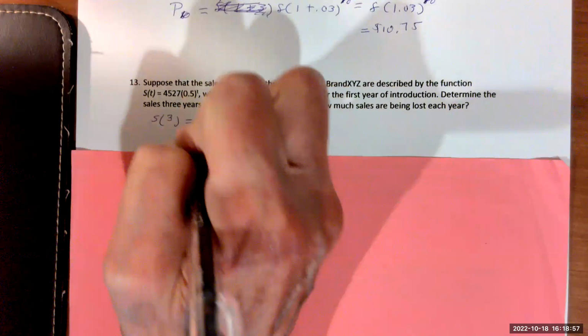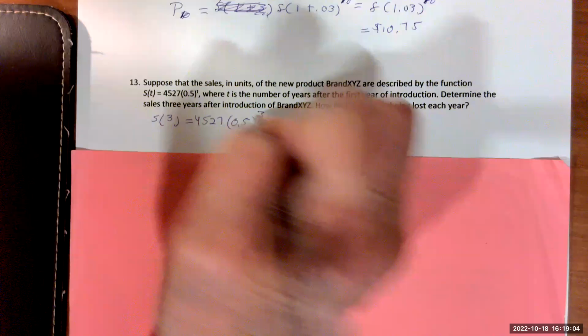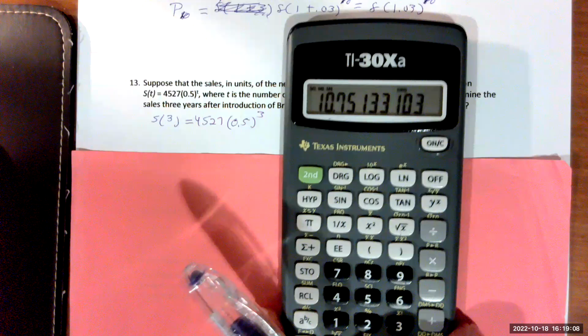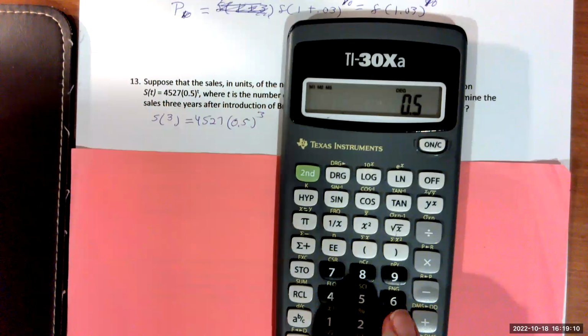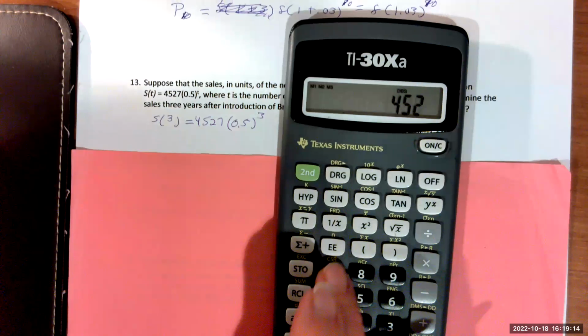So we've got 4527 times 0.5 raised to the 3rd power. All right, so let's go ahead and do that in our calculator. So we're going to take the 0.5, always do the exponent first, raised to the 3rd power, and then we're going to multiply by 4527.